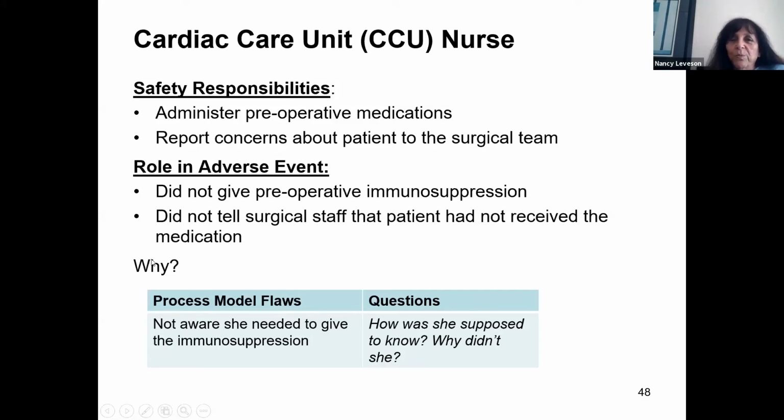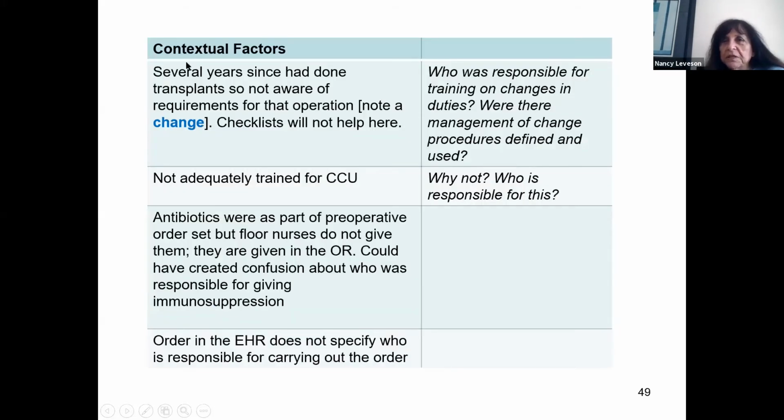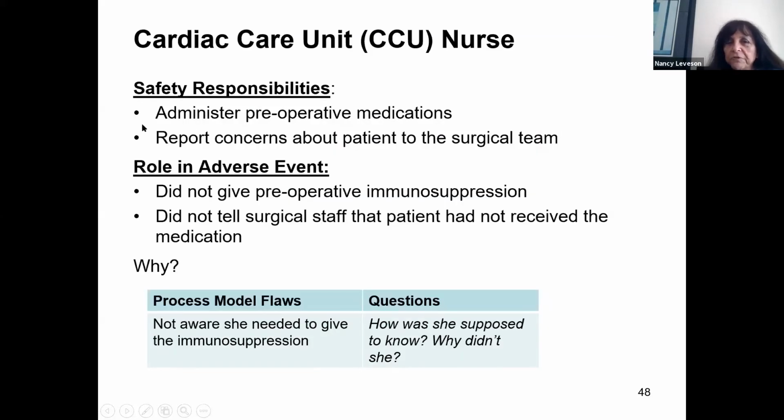So we do two things. We look at the process model flaws and we look at the contextual factors that explain this. So first of all, what was wrong with her process model? Well, it turned out she wasn't aware that she needed to give the immunosuppression. She thought that they would be giving it in the operating room.